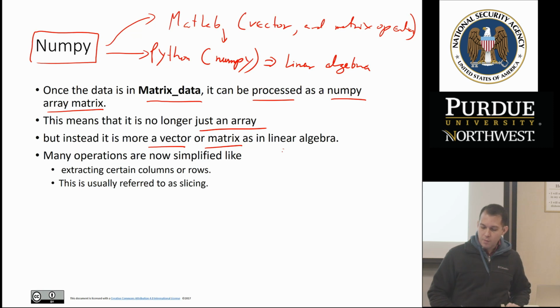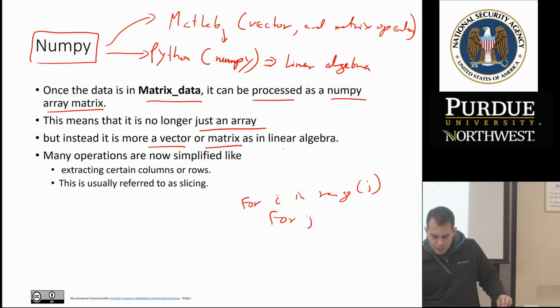Whereas before, if you wanted to iterate through the array, you had to do for i in range of i max, and then for j in range of j max.